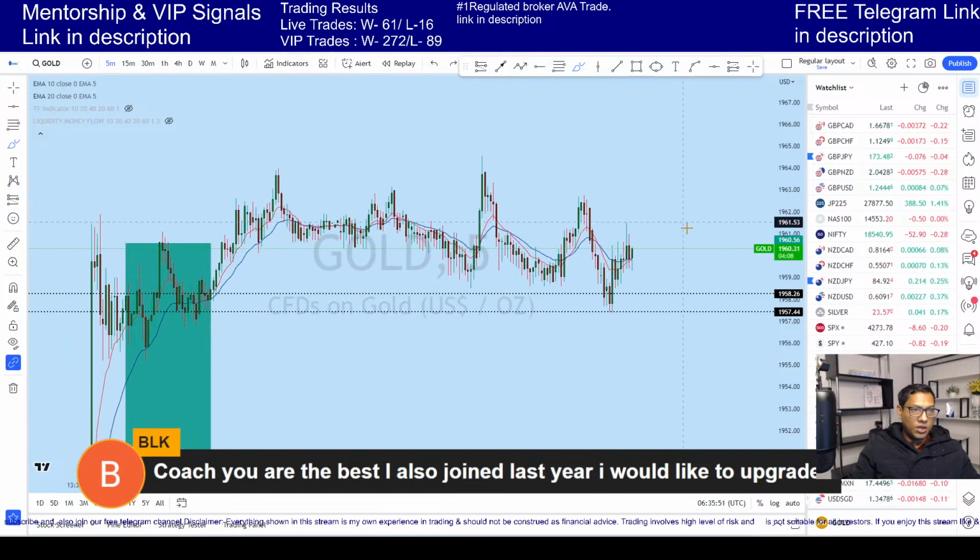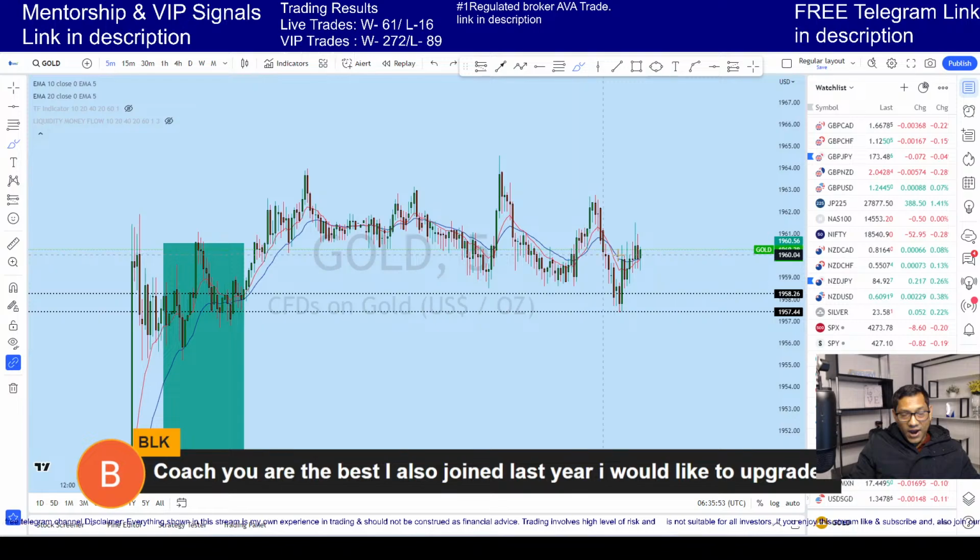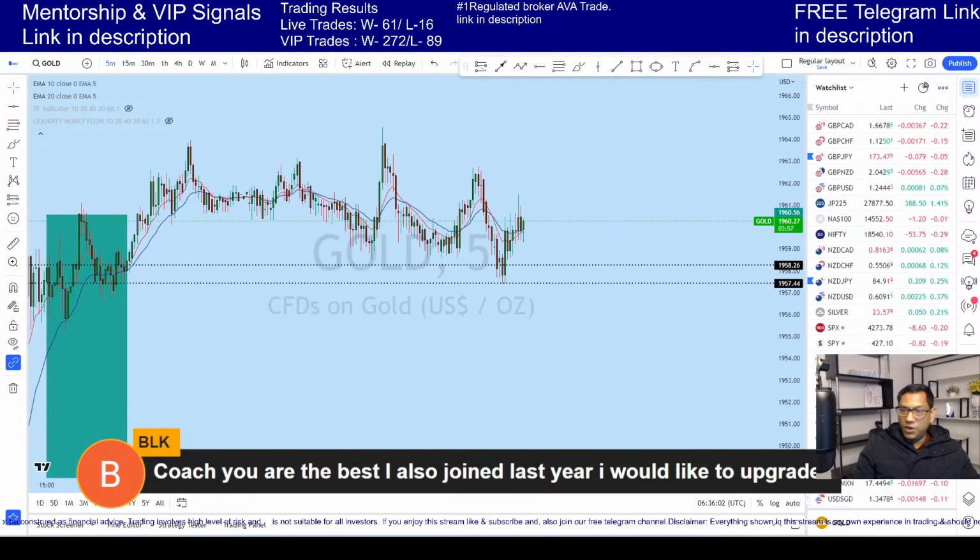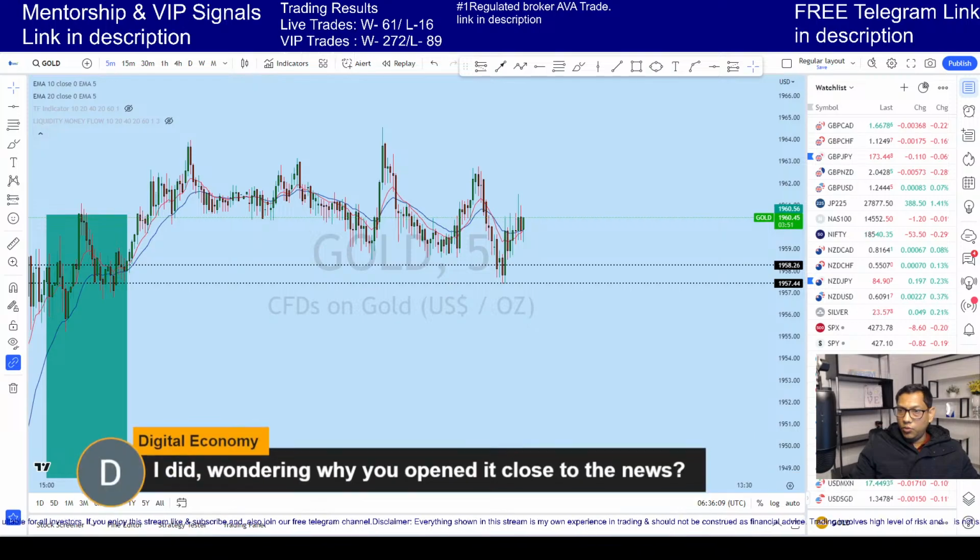It might consolidate a little more, and then we can expect the price to break to the upside. Once it does, we will be looking at that.